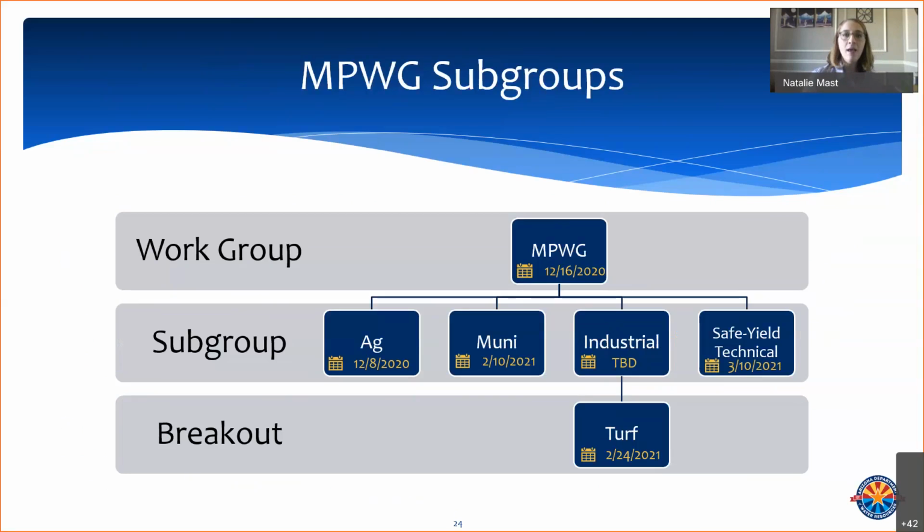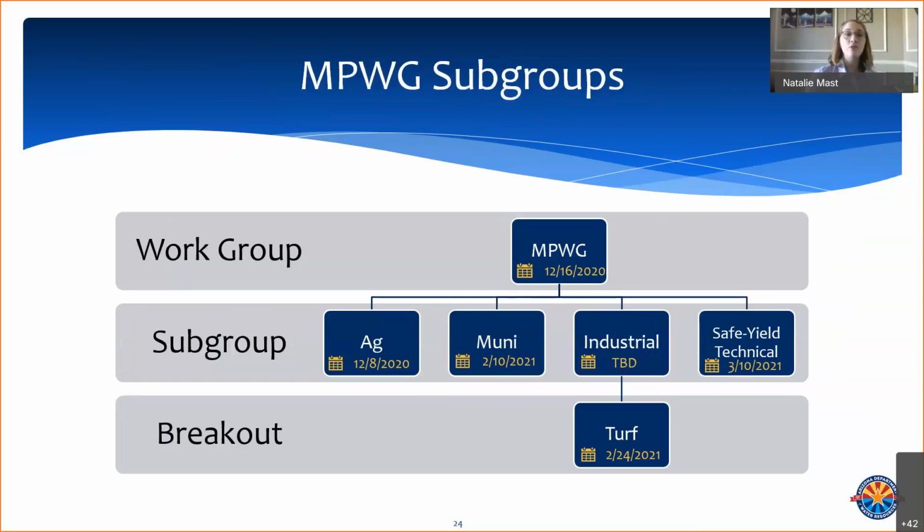That's on the 8th. And the following week, we also have a full management plans work group meeting. At that meeting, we plan to talk a lot about what our next steps are for these groups as a whole. We'll provide updates for each of the subgroups, but we'll also talk about our plans for drafting the 5th management plans. So we do still intend to use the bulk of next year, 2021, to draft the management plans.